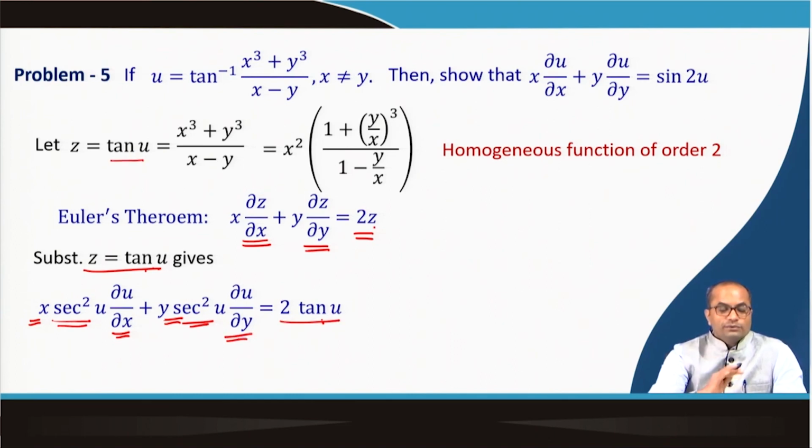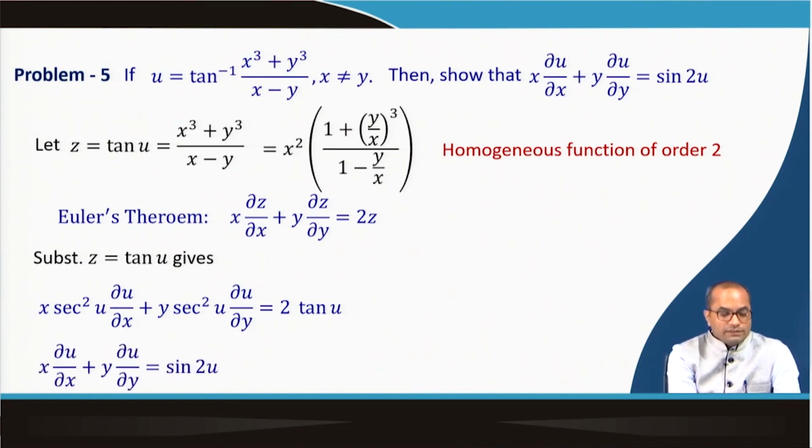So, now we are back to u, x and y, which was originally given, and now we simplify, because sec square u we can bring to the right hand side. So, this is tan u, and then it will be multiplied by cos square u. So, here we have sin u and then cos u, because one cos u will get cancelled with that tan u's cos u.